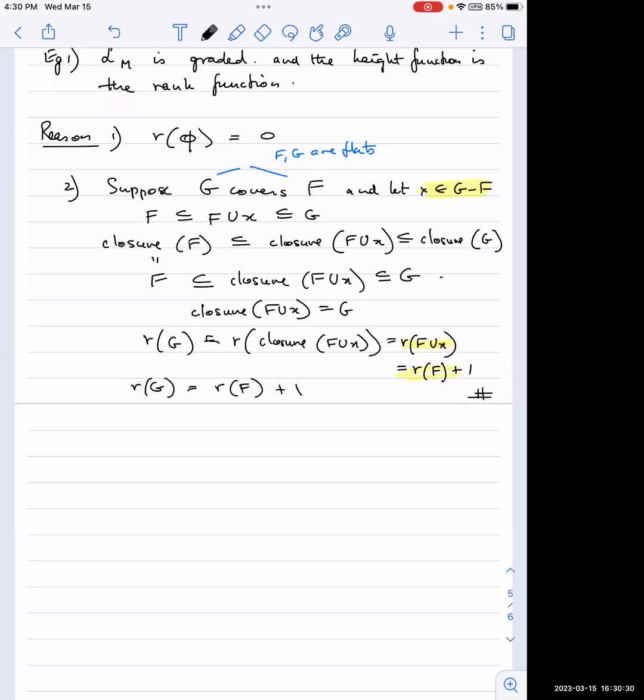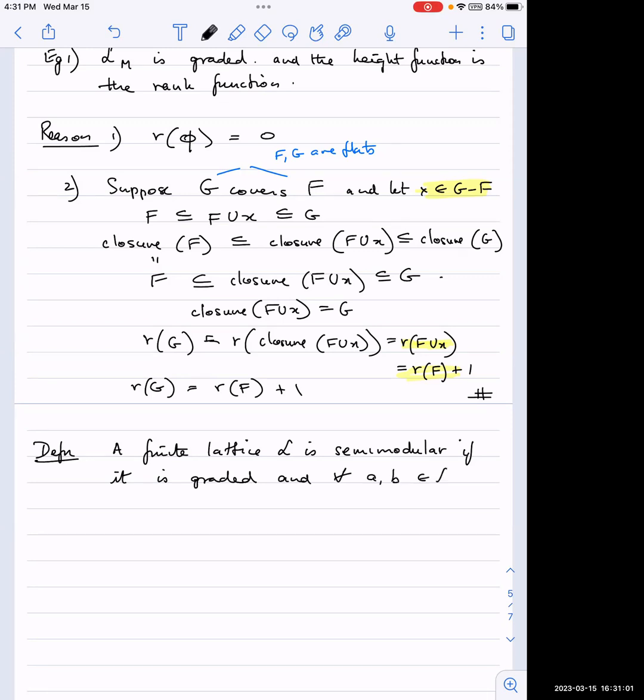So let's talk about semi-modular lattices, a finite lattice. I suppose all our lattices are finite. Didn't mention it before. L is semi-modular if it is graded and for every pair of elements A, B in L, the height function satisfies the semi-modular property.